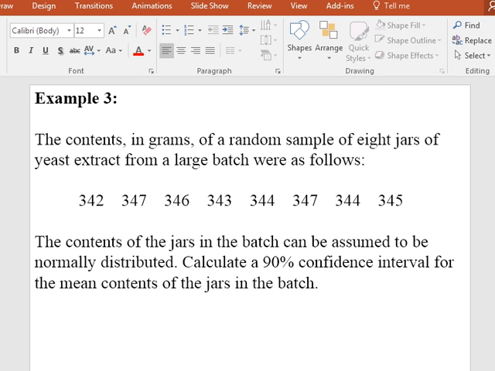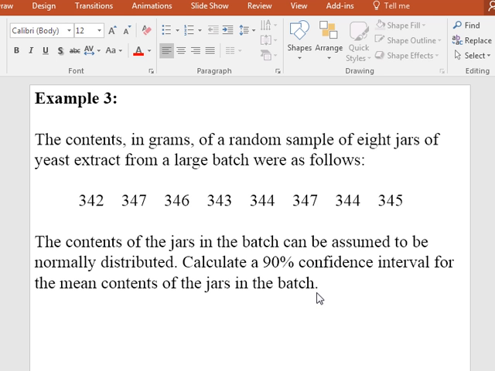Example 3. The sample size is 8. A normal distribution applies for the population. The sample is small. No standard deviation is given for the population. So in this case, a t-distribution applies.